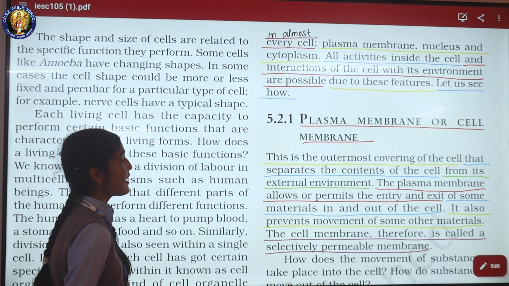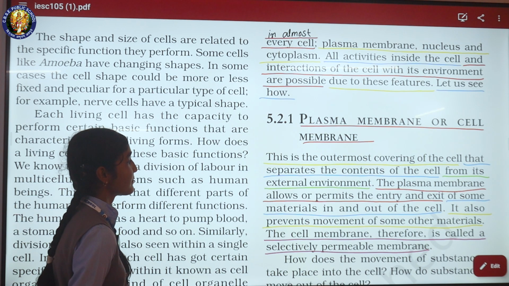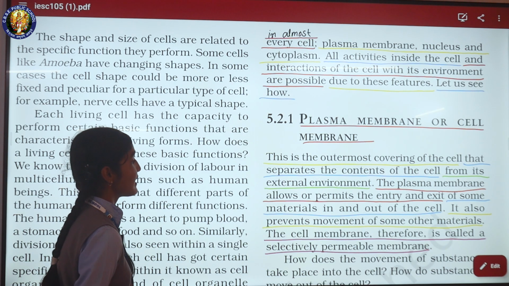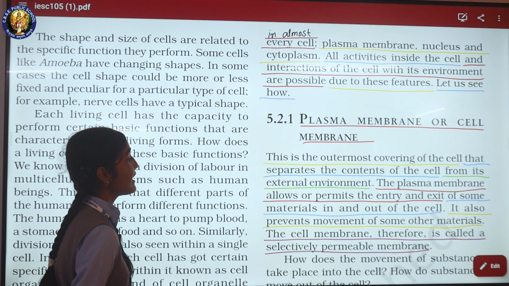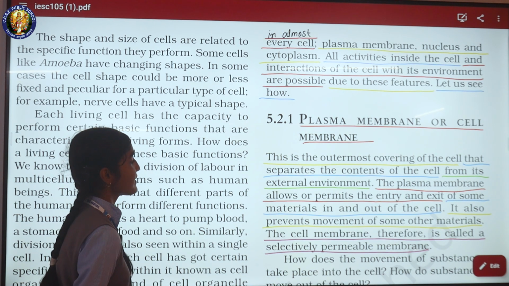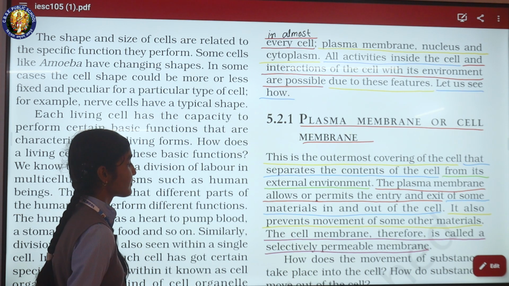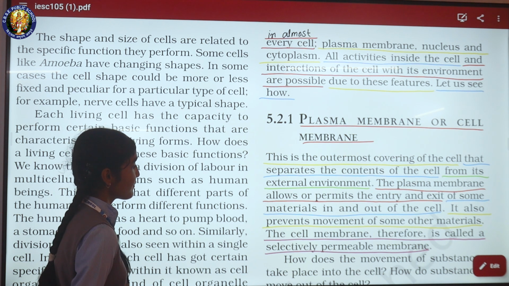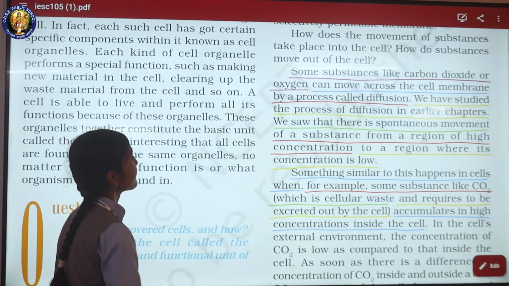The plasma membrane allows or permits the entry and exit of some materials in and out of the cell. It also prevents movement of some other materials. The cell membrane, therefore, is called a selectively permeable membrane.